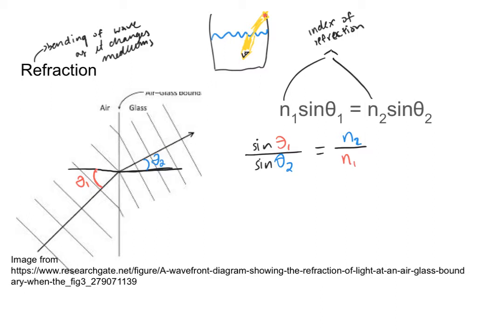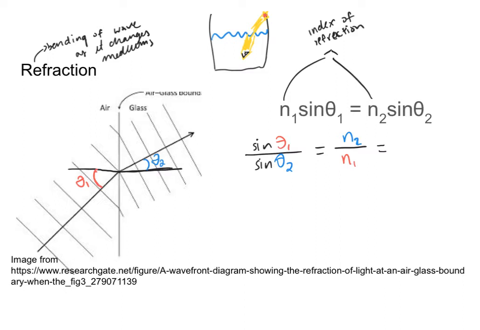Now, there's one thing that I want to add here. So we can see that my waves are closer together, which means that they have a shorter wavelength. What that also means, they are closer together in glass than in air, which means they have a shorter wavelength in glass than in air. What this means is that their speed is also going to change as the wave goes from air to glass.